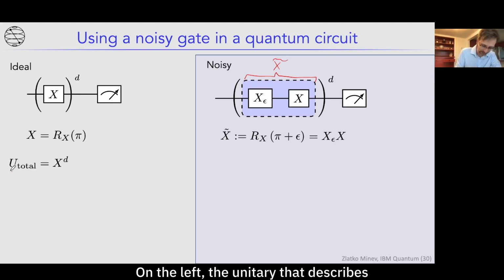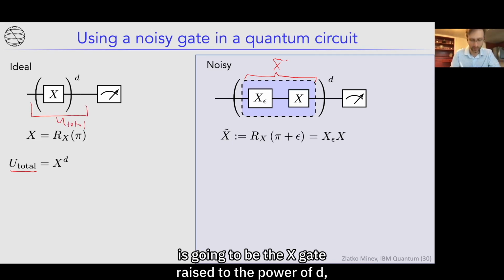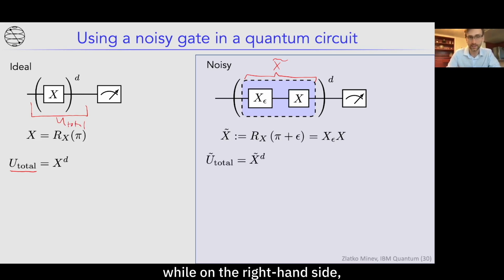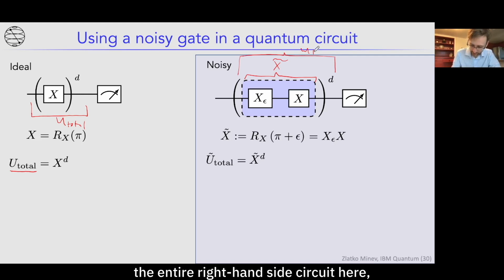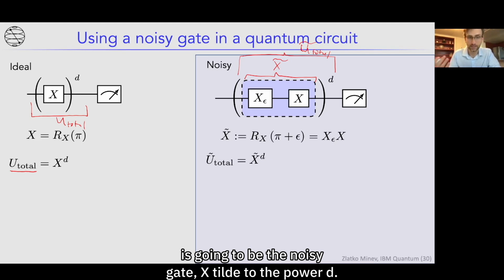On the left, the unitary that describes the total circuit here is going to be the x gate raised to the power of d, while on the right hand side, the total noisy unitary that we will get to apply, which will symbolize the entire right hand side circuit here, is going to be the noisy gate x tilde to the power of d.